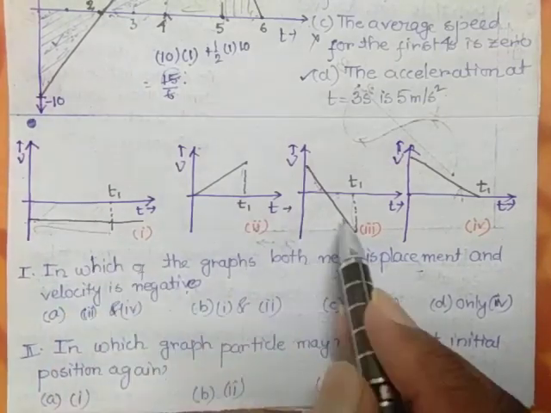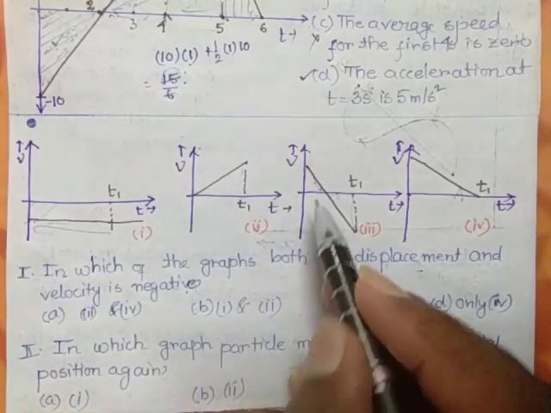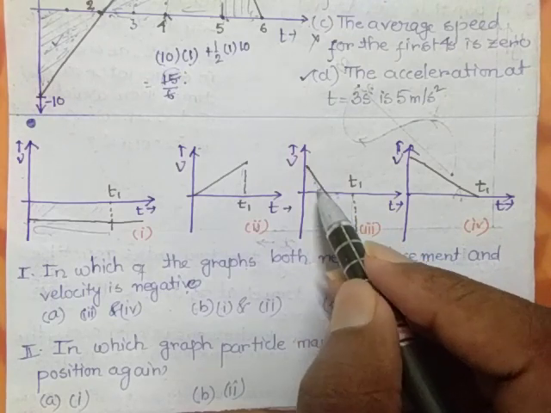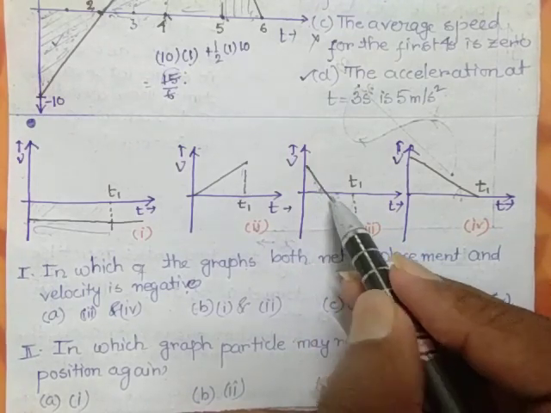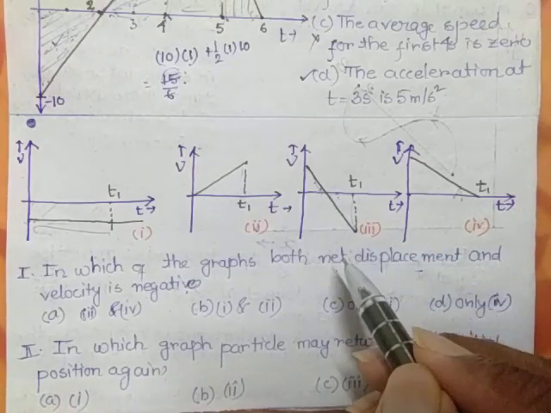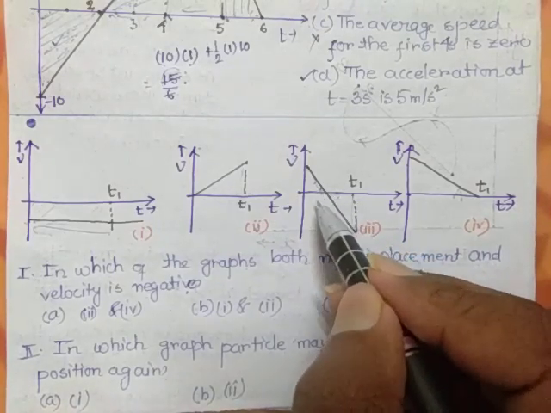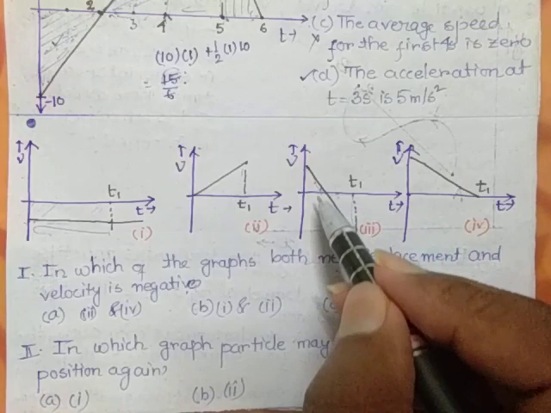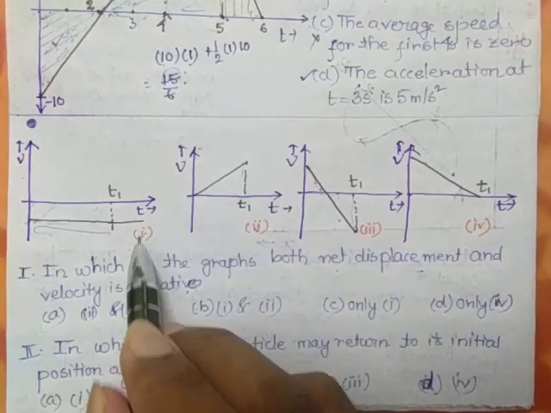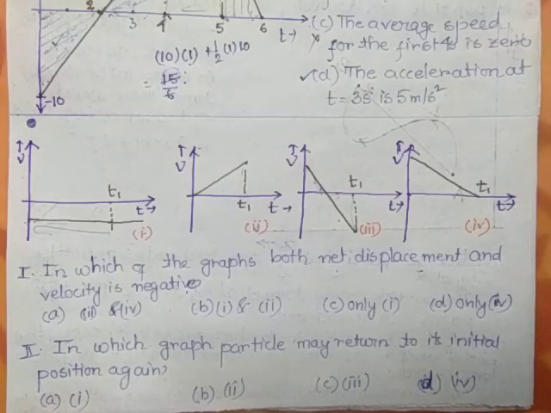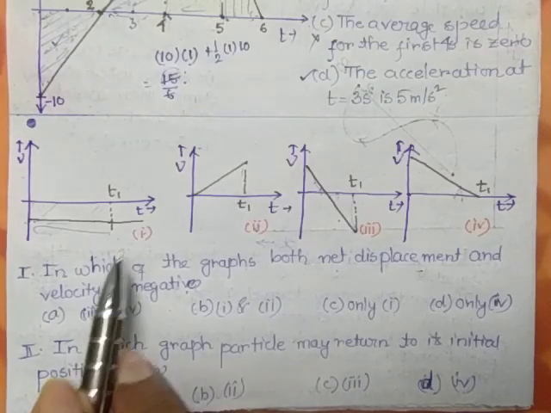Here the velocity is negative, and here the velocity is also negative, because a small part of the velocity is in the positive direction and the greater part of the velocity is in the negative direction. So the resultant will be in the negative direction. So the net displacement and the net velocity are negative in 1 and 3.